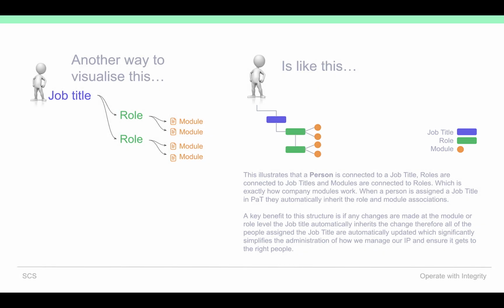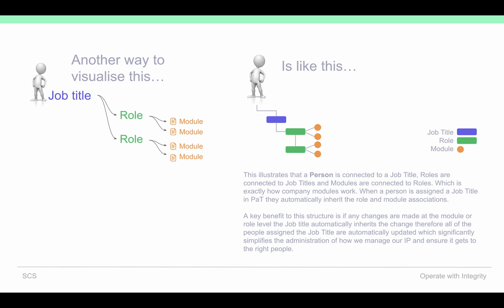What this does is it illustrates that a person is connected to a job title, roles are connected to job titles, and modules are connected to roles, which is exactly how the company modules work. When a person is assigned a job title in PAT, they automatically inherit the entire role and module association. So once you've set it up once, it's set and walk away.